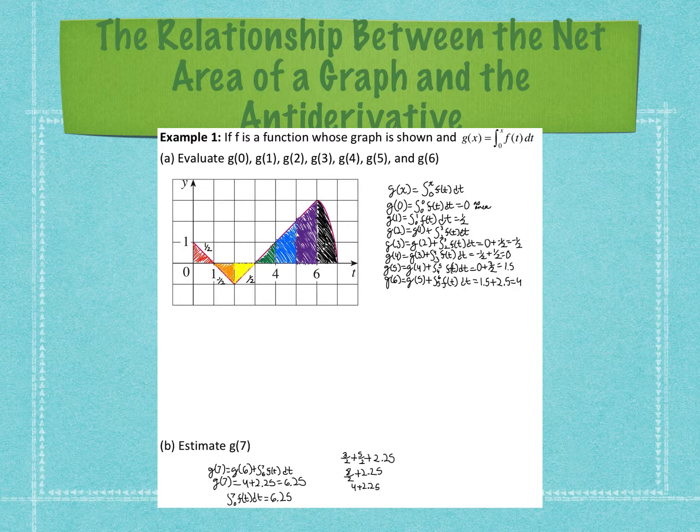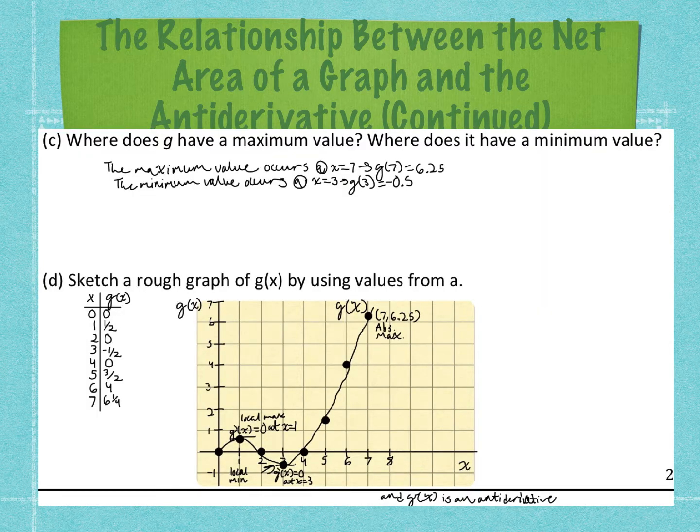So when we estimate g of 7, we do g of 6 plus the integral from 6 to 7 of f of t dt, and we get 6.25. Where does g have a maximum value and where does it have a minimum value?